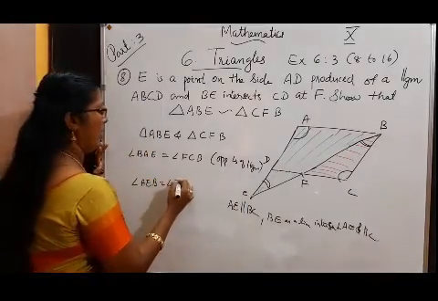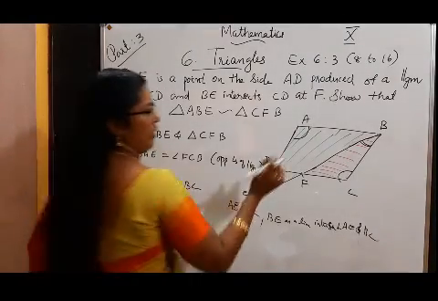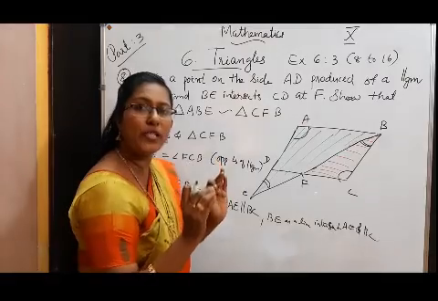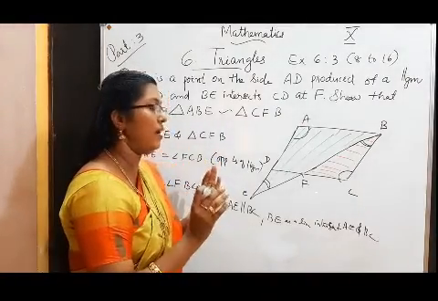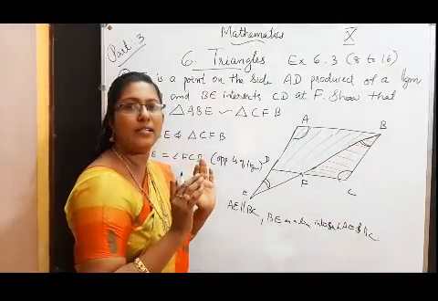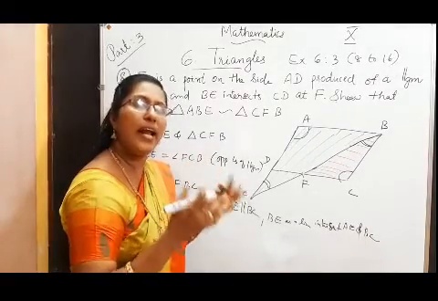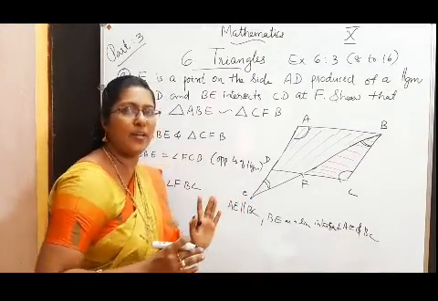In a triangle, if any two angles are equal, the third angle is also equal by the angle sum property.